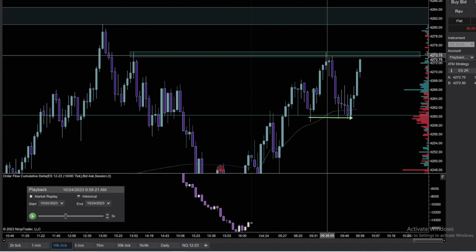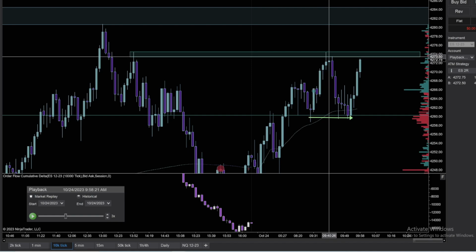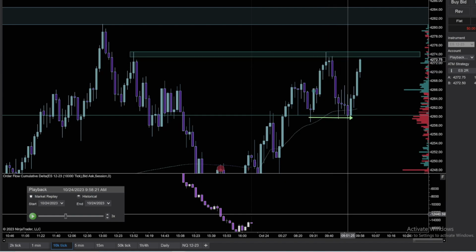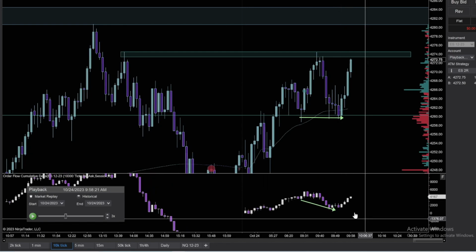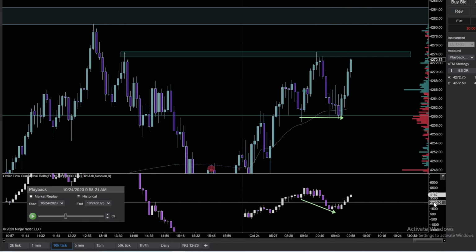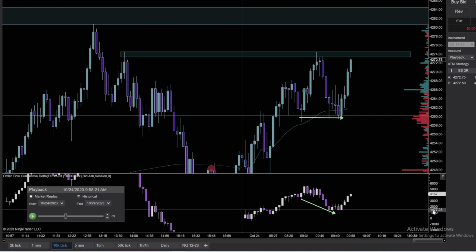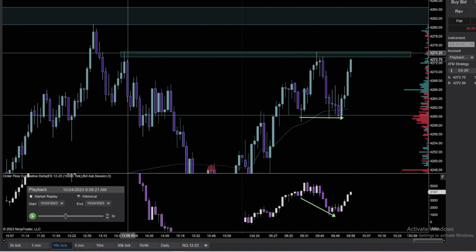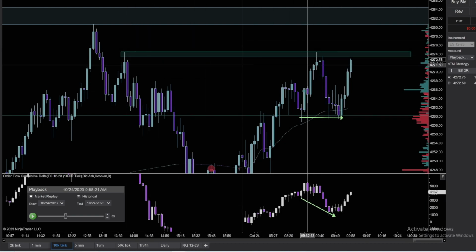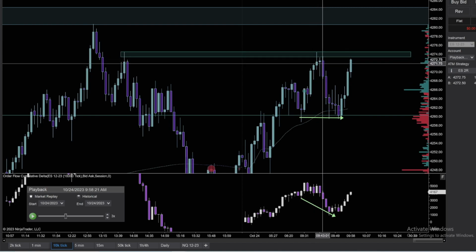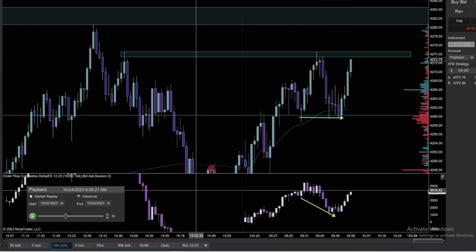And then we hit that again right before the news release at 9:45 and then sold off again, and again sold off with pretty strong delta down here. Okay, so we've got that first touch way far to the left. Now we've got the first part of our top and we're approaching here for a double top. Now I was already watching for this.